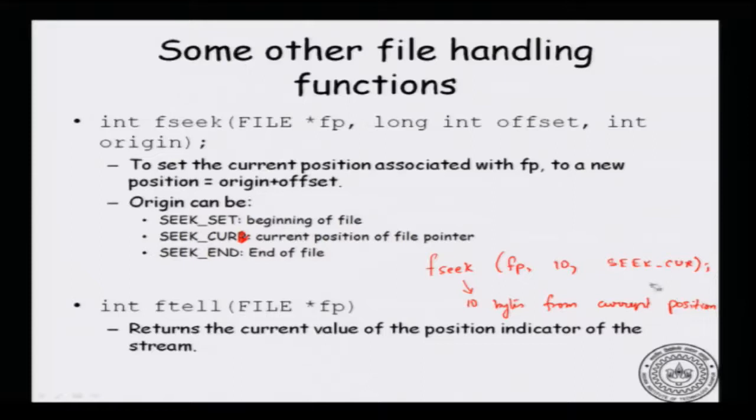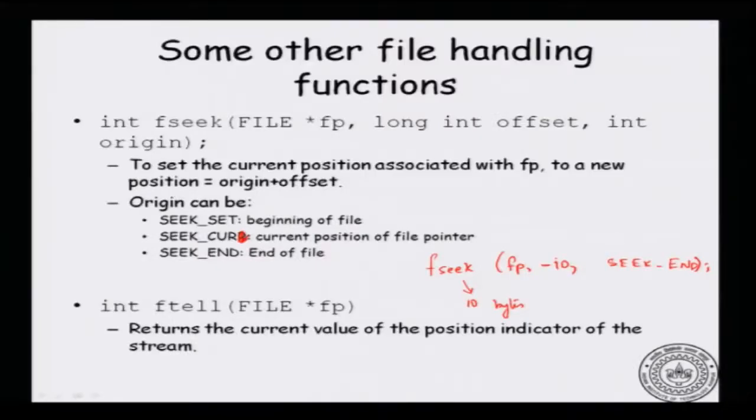Now, I could also say something like, okay. So, here is a very common situation. I want to start reading from the 10th byte from the end. So, regardless of the size of the file, I want to jump to the end and then rewind 10 bytes and start from there.